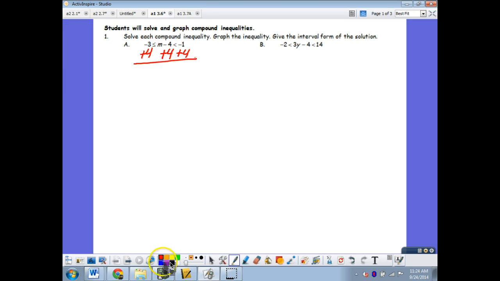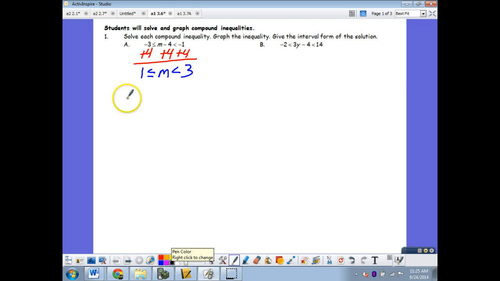So then, when we solve this, on the left side we have negative 3 plus 4, which is 1. In the middle we have just m, and on the right side we're left with 3. So what this basically says is m is between 1 and 3. M is greater than or equal to 1, and at the same time less than 3.